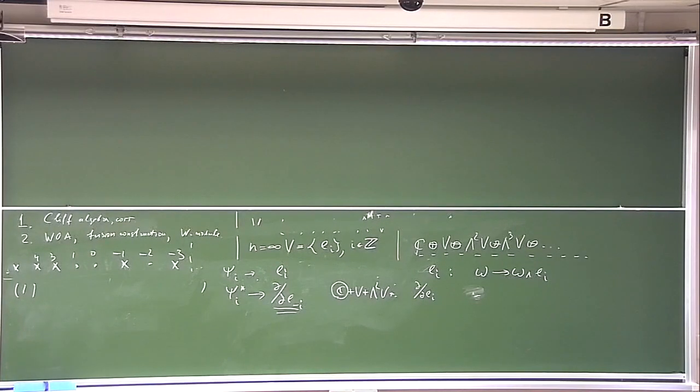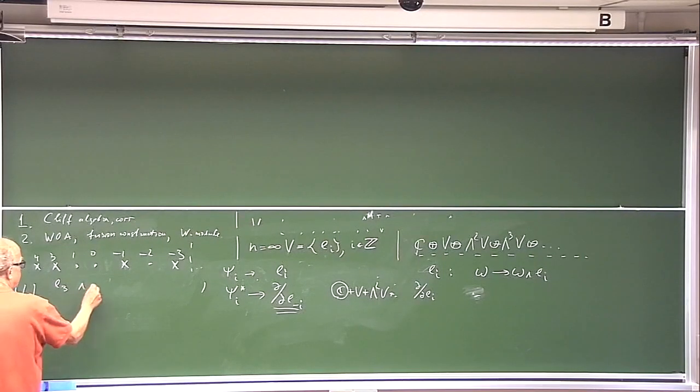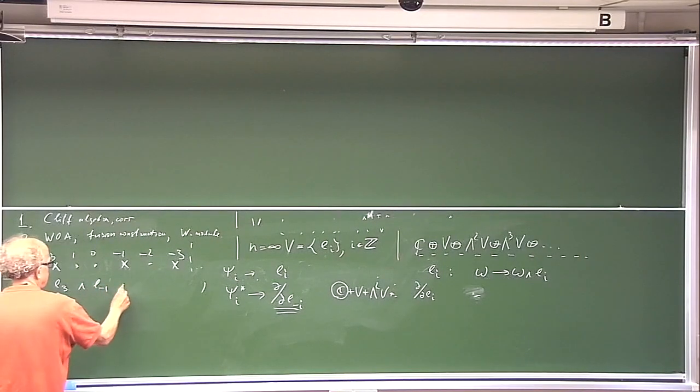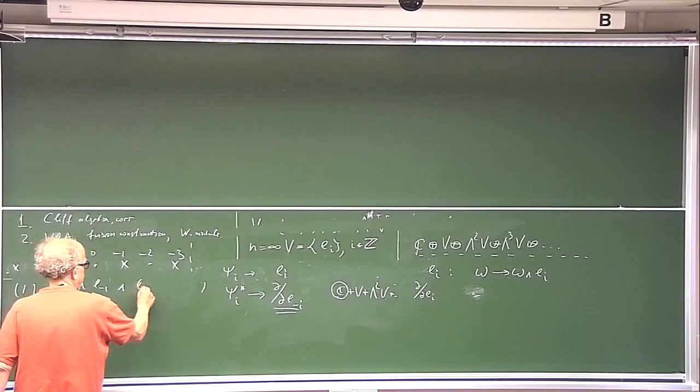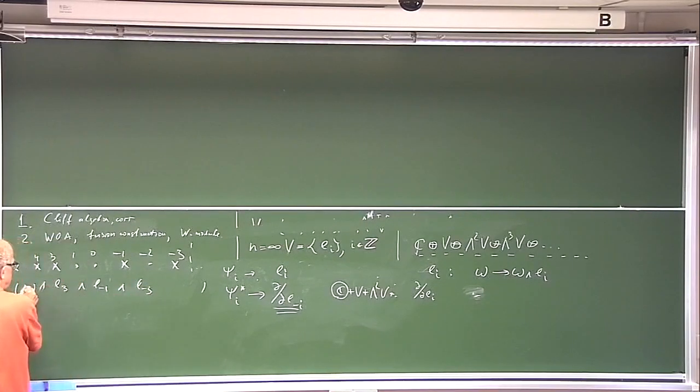So this is a semi-infinite configuration. It means in this direction it is finite, and in this direction it is not. And if I write down such a configuration, I can write the vector from this space. It can be, for example, e3 here, e minus 1 here, and next e minus 3, and so it is an infinite product in this direction.